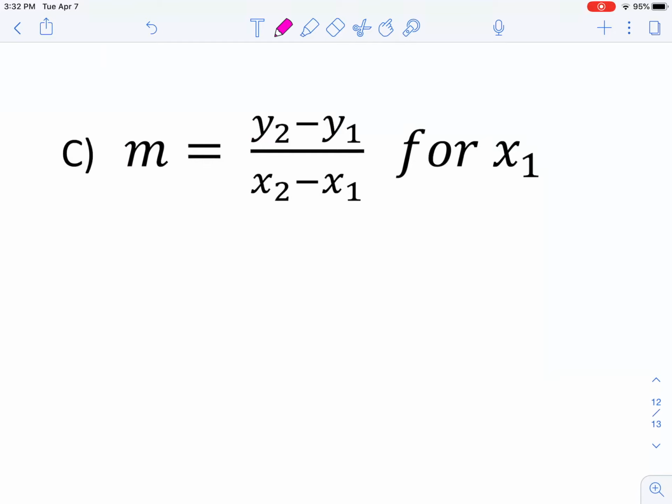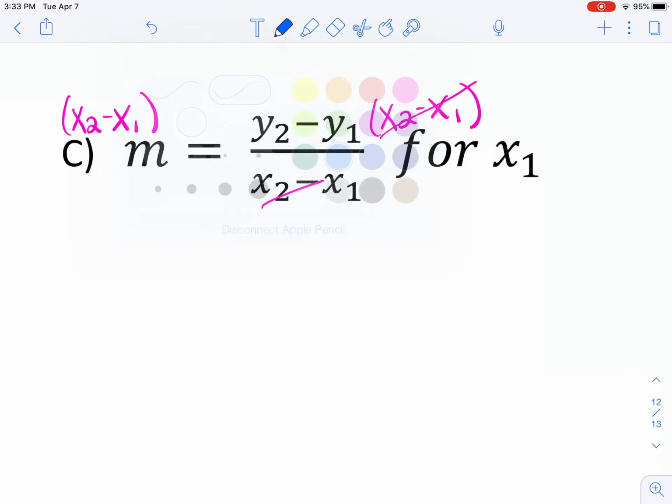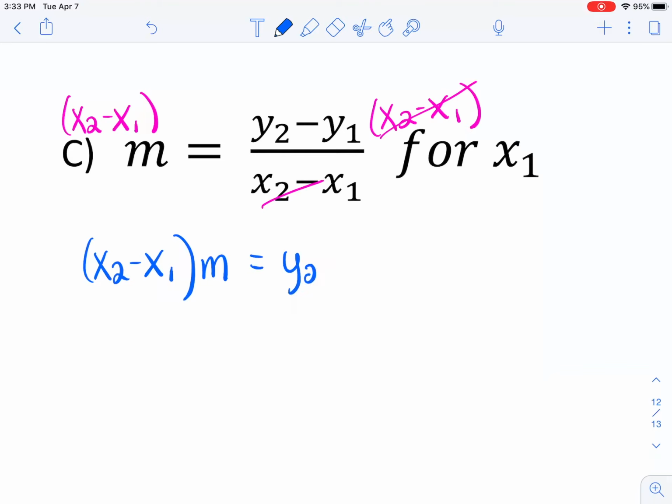So let's multiply each piece by x sub 2 minus x sub 1. When we do that, notice that our denominators cancel. So what we're left with is, on the left-hand side, x sub 2 minus x sub 1 times m equals, and then on the right-hand side, y sub 2 minus y sub 1, since the x sub 2 minus x sub 1 is canceled.